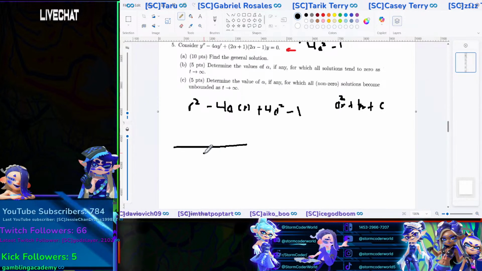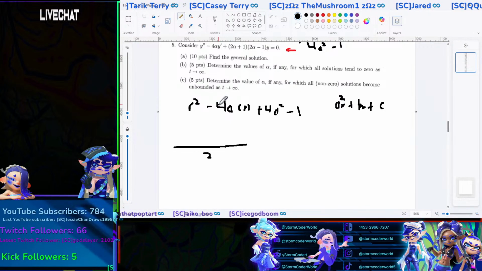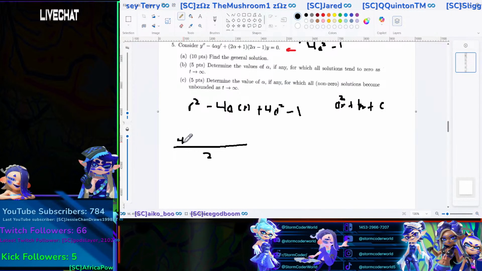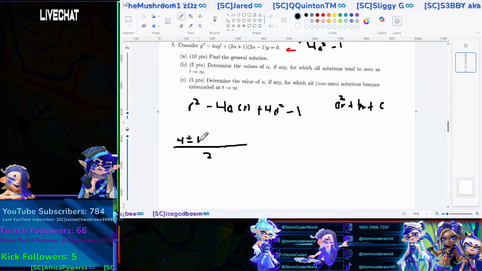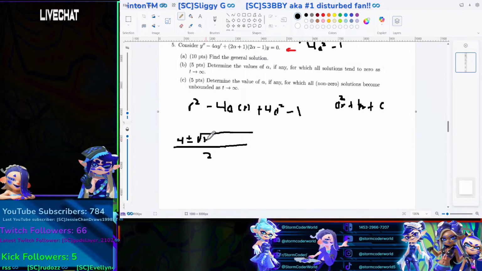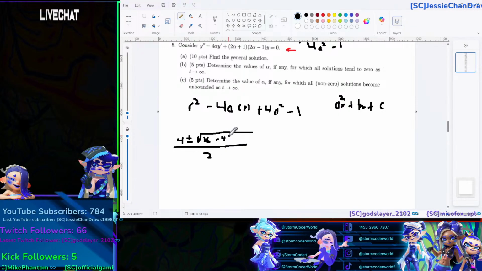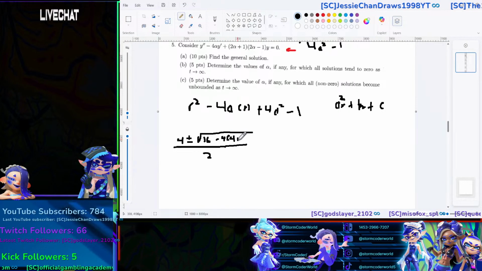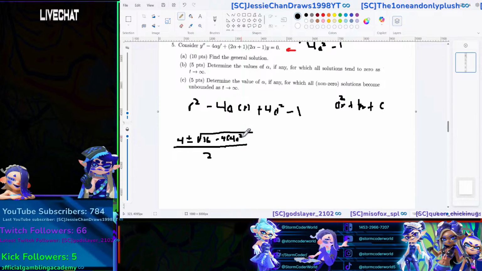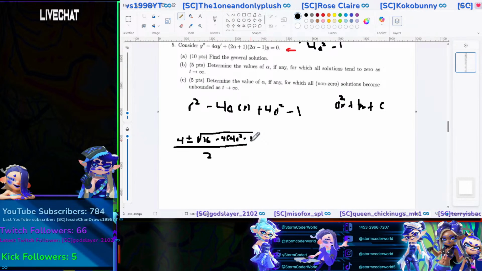So the only thing I really need to do is get this coefficient. So this is -4. This becomes 4. And then I have plus or minus this square root. And then -4 squared is 16, minus 4ac. I have a 1 here. So that's not what I'm looking for. Minus 4a squared, minus 1.